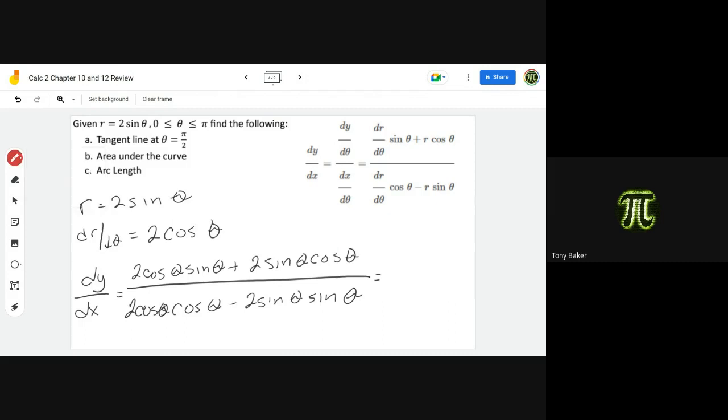Now, you don't have to simplify that down because you've got your theta. Theta is pi over 2. So cosine is going to be 0, sine is 1. So this ends up being 0 over negative 2, which is 0.